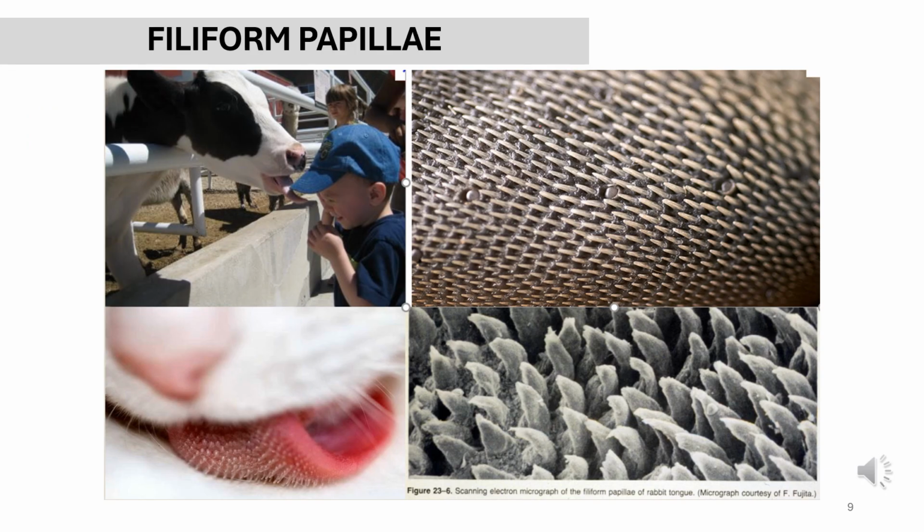Now here is a very close-up image of what filiform looks like, those spikes. Obviously in humans, you can't really tell too much, but you can see how it appears on animals such as cows or even cats.